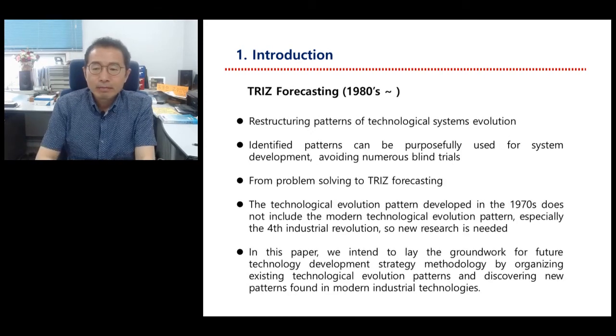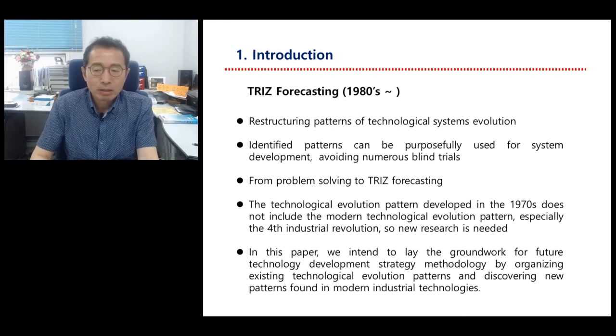But from the 1980s, experts in TRIZ have begun to apply the technological evolution trends to future technology forecasting methods. However, the existing technology evolution trends were developed until the 1980s, and there is no analysis of the development of modern industrial technology.